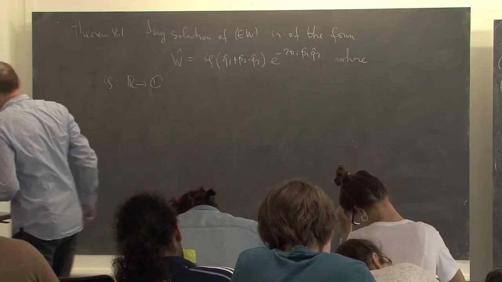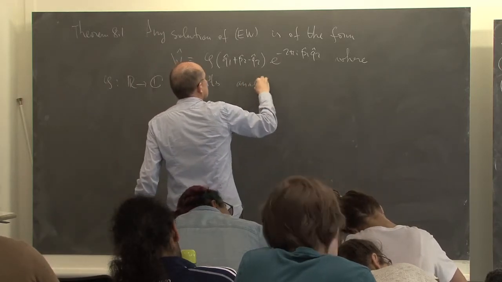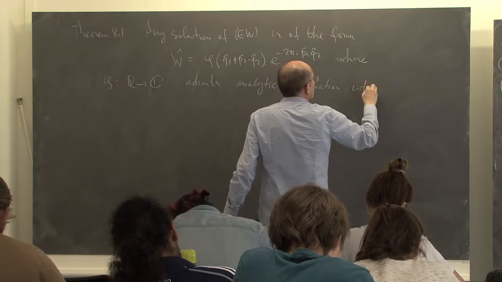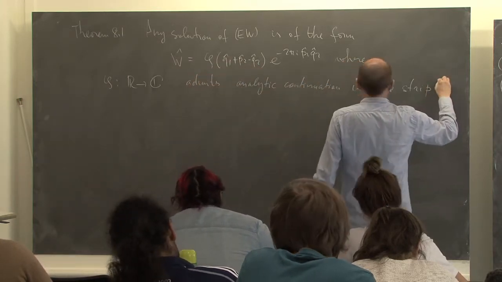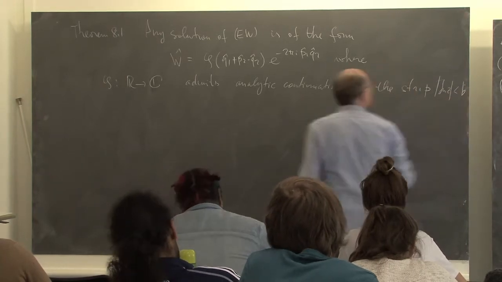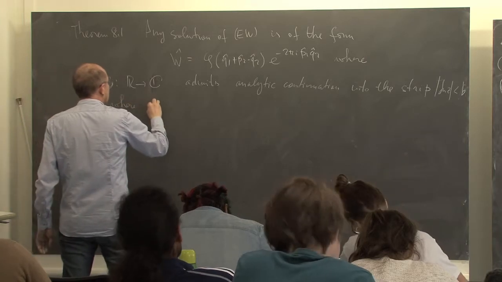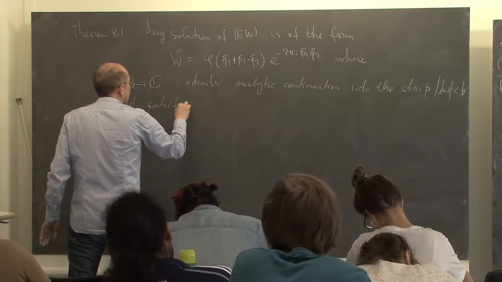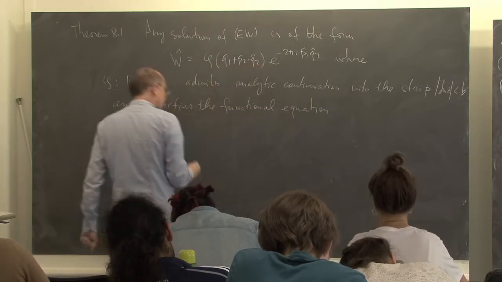So phi is a function where phi admits analytic continuation into the strip, imaginary part of Z less than B, and satisfies the functional equation. What is the functional equation?